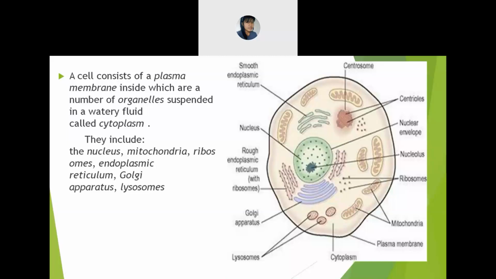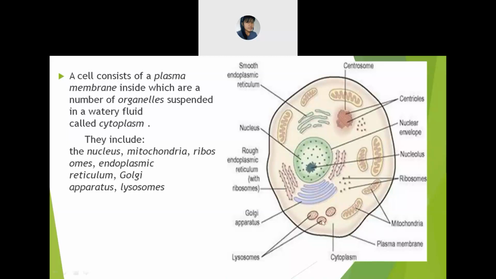The cytoplasm is a watery fluid, so that all these structures stay in a particular place. And what is there? Mitochondria is there.